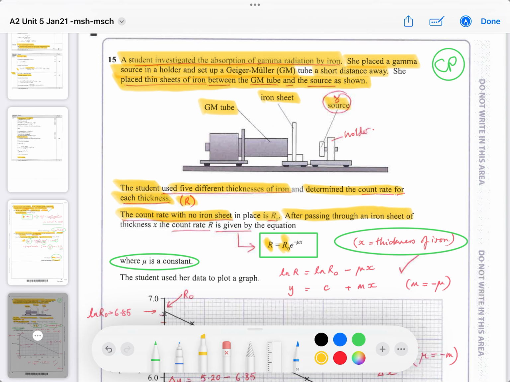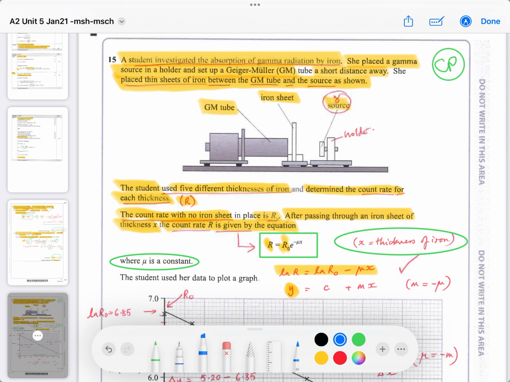After passing through an iron sheet of thickness x, the count rate is given by the expression I just went through. Then you can take natural logs, and you come up with an equation which, if you put natural log of R on the y-axis, and x, the thickness, on the x-axis, then you can see that the gradient will be mu.